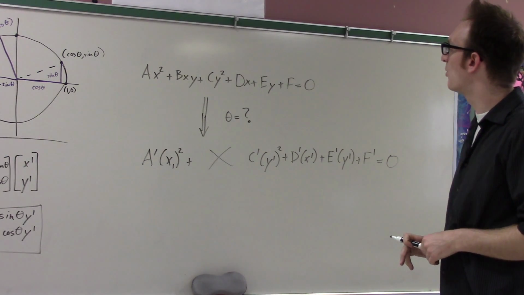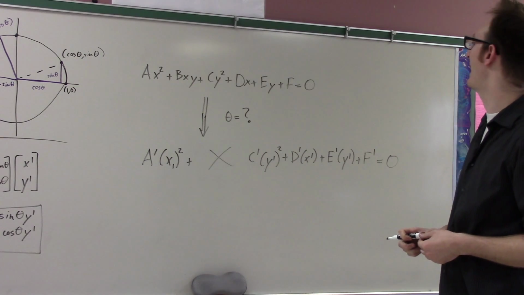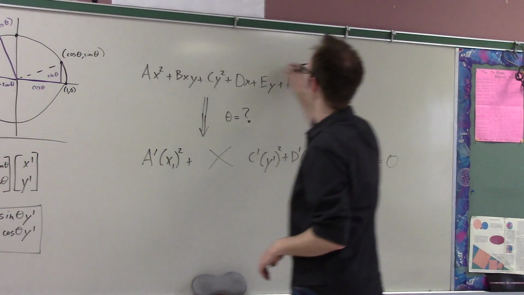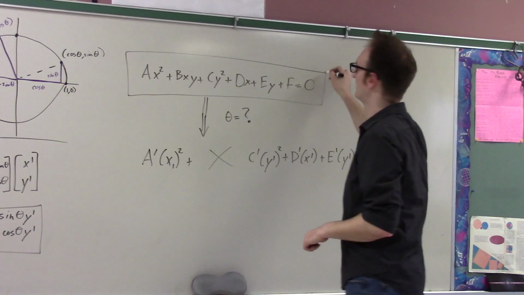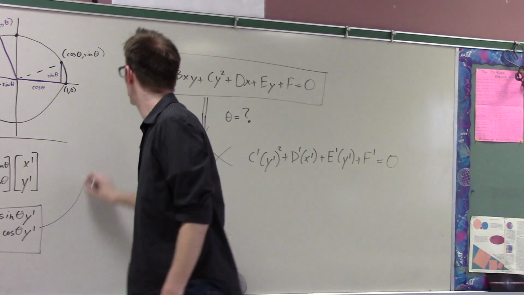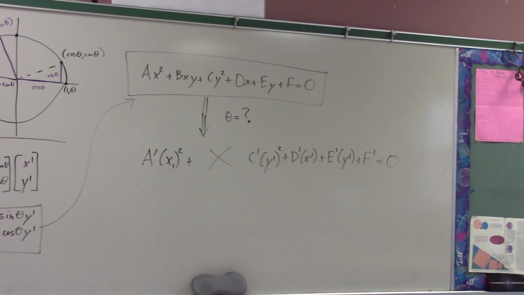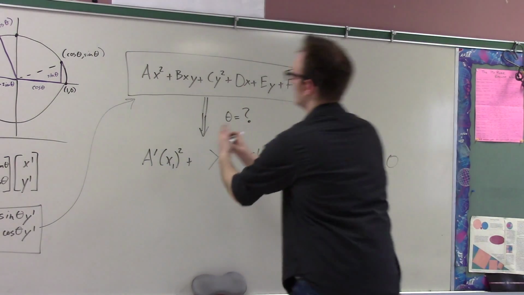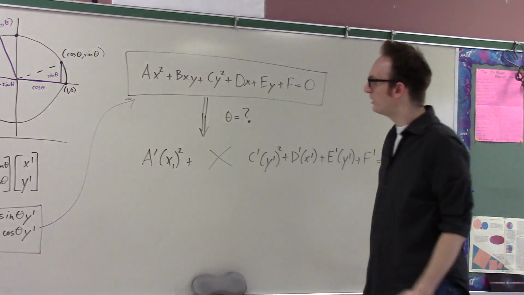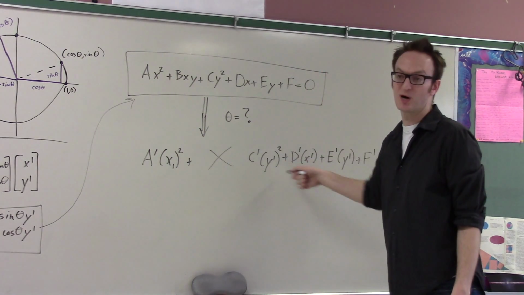Okay, so what we are going to do, obviously, is take my general conic and use these formulas and stick them in and do an entire whiteboard of algebra, and eventually I'm going to get some massive equation all in terms of x primes and y primes.